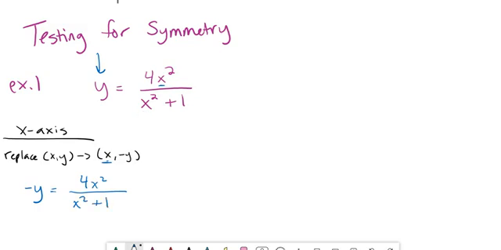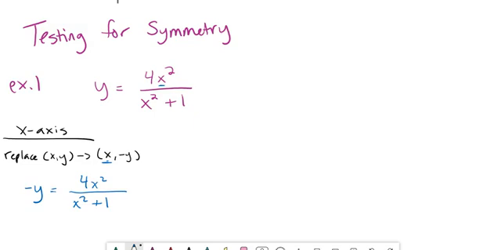So what we're doing is testing to see if this has symmetry about the x-axis. And what we're looking for is, does the equation come out to be exactly the same as our original? If we replace x comma y with x comma negative y, or x comma opposite of y, and after we do all the simplifying that we're allowed to do, do we get back to our original equation?